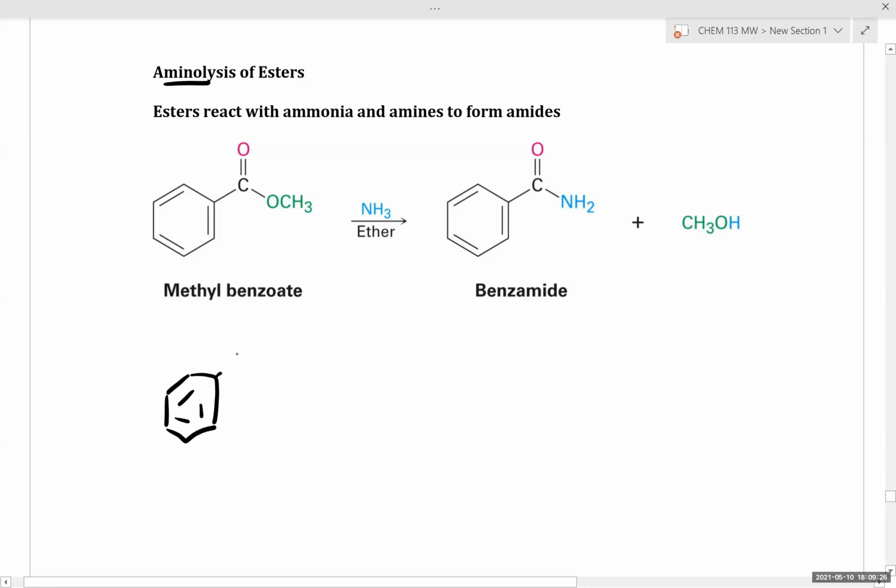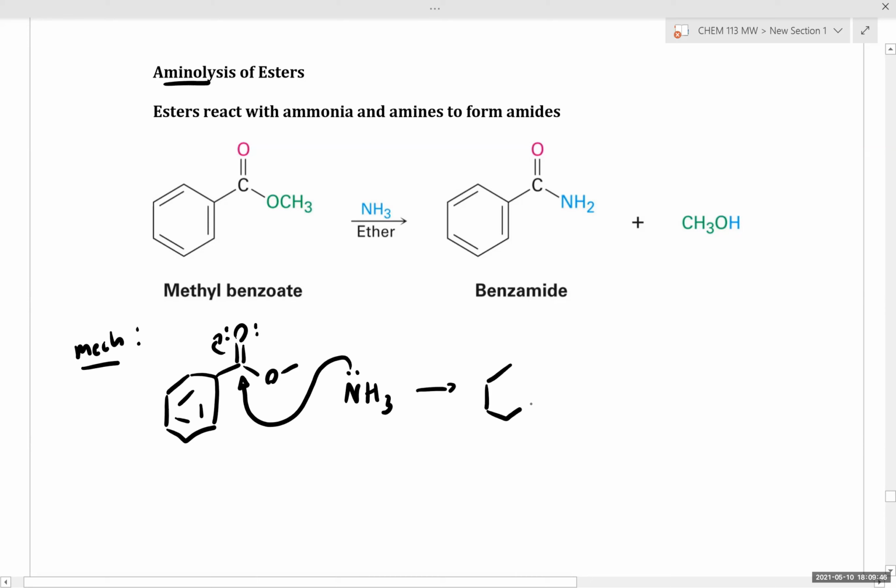And this is a textbook carbonyl substitution reaction. So for the mechanism for this reaction, as we're under mildly basic conditions, the first step is our nucleophile will attack our carbonyl carbon and will form a tetrahedral intermediate.